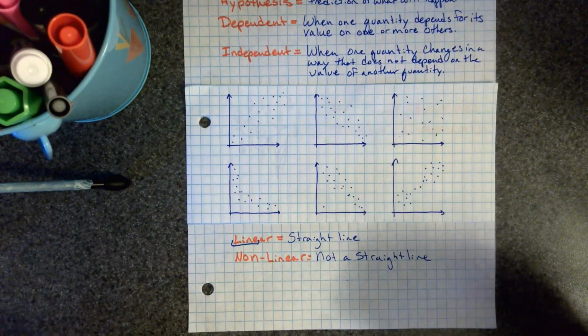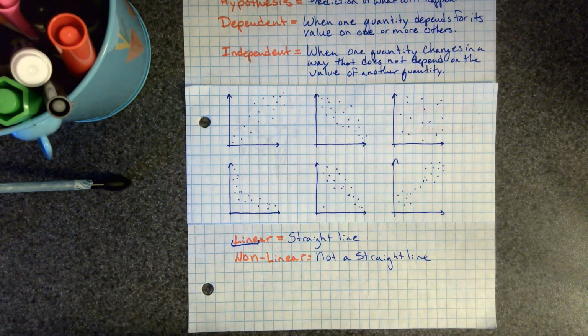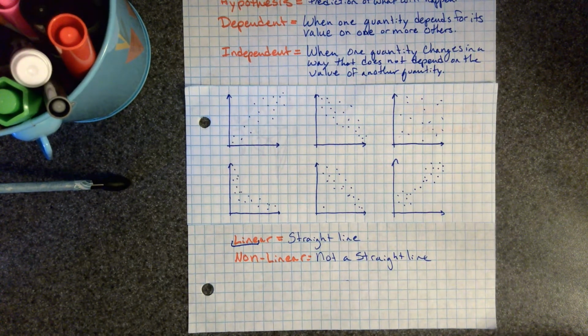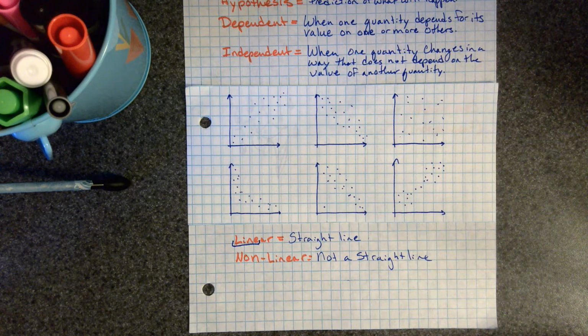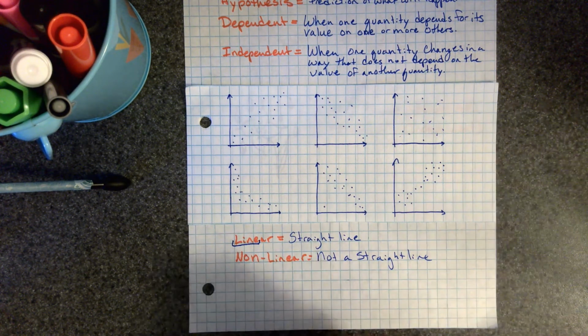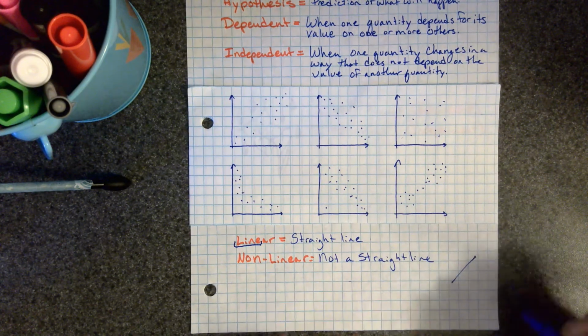Last 2 vocab words for you guys to learn today. We're going to use these directly with our scatter plots. So the first word is linear. I've said it quite a few times. Basically, every graph we have graphed since the beginning of this chapter is linear. If it's a straight line, it's linear.